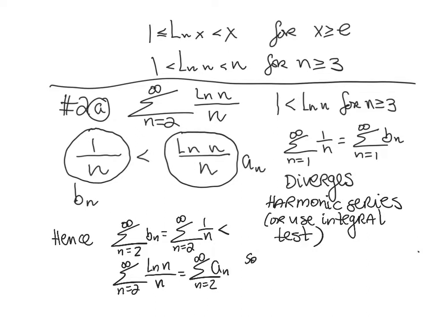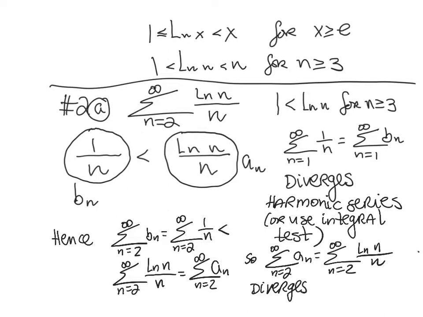And by the second part of the comparison test, since the b sub n series diverges here, the a sub n series must also diverge. So the series 2 to infinity ln of n over n diverges by comparison test.